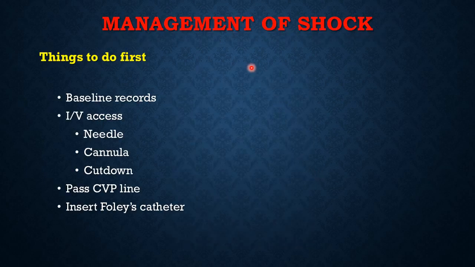So when you get a patient who you think is going into shock, what do you do? You immediately check the vital signs and you record those vital signs. They are the reason that you think your patient is going into shock.